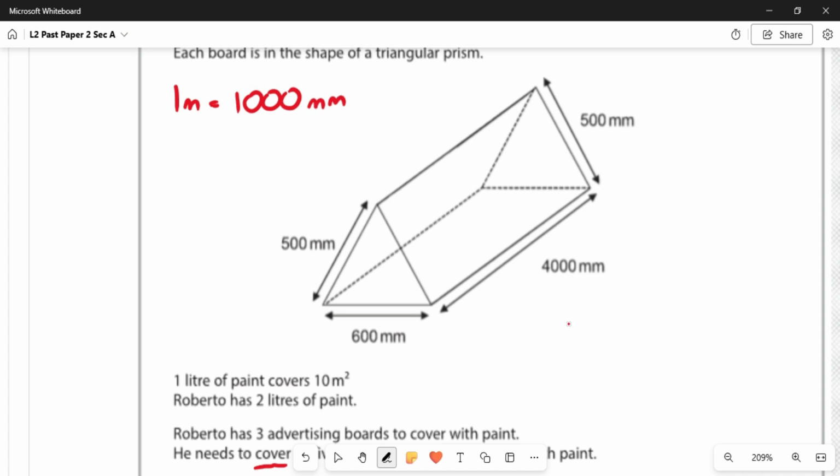So if you divide these by 1,000, that's going to be 4 meters. That's going to be 0.5 meters. That will be 0.6 meters, and that will be 0.5 meters. Yep, that's everything in meters.